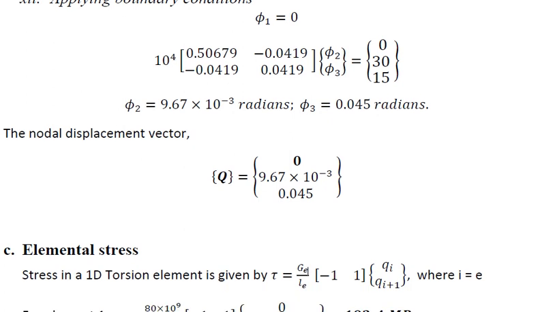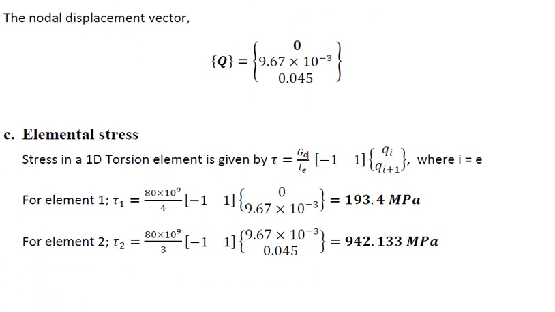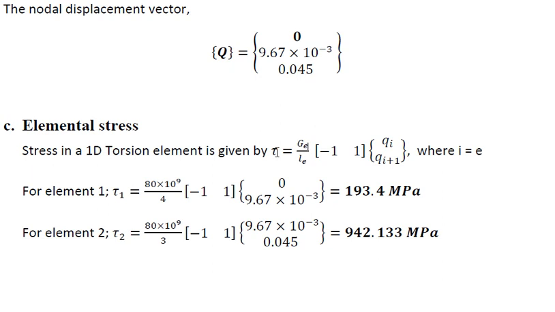Now, the elemental stress is the same as that of the bar, but here we are finding tau. Tau, the shear stress, is G by L_e, minus 1, Q_i, plus 1. For element 1, it is G1 by L_e1, minus 1, Q1, Q2. In place of Q, I will write pi 1, pi 2.